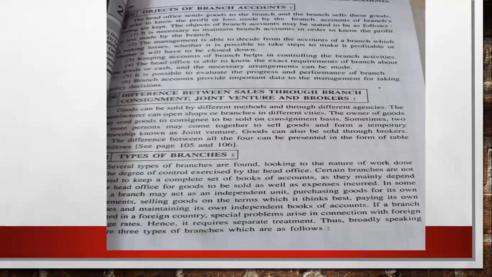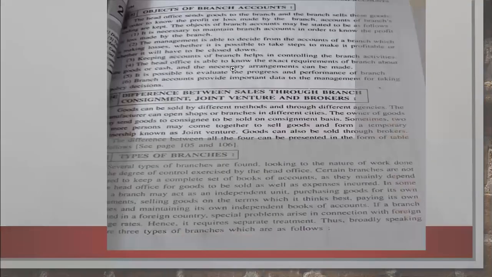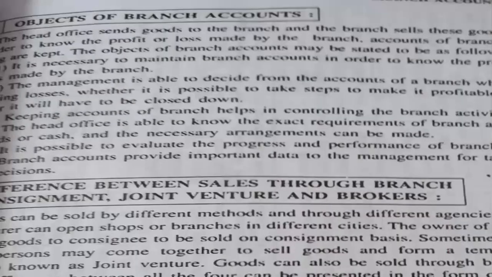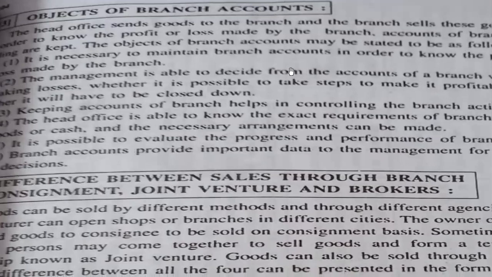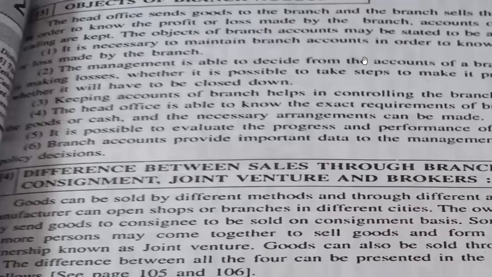Objects of branch. So now let's see the objectives of branch accounts. First objective is it is necessary to maintain branch account in order to know the profit or loss made by the branch.